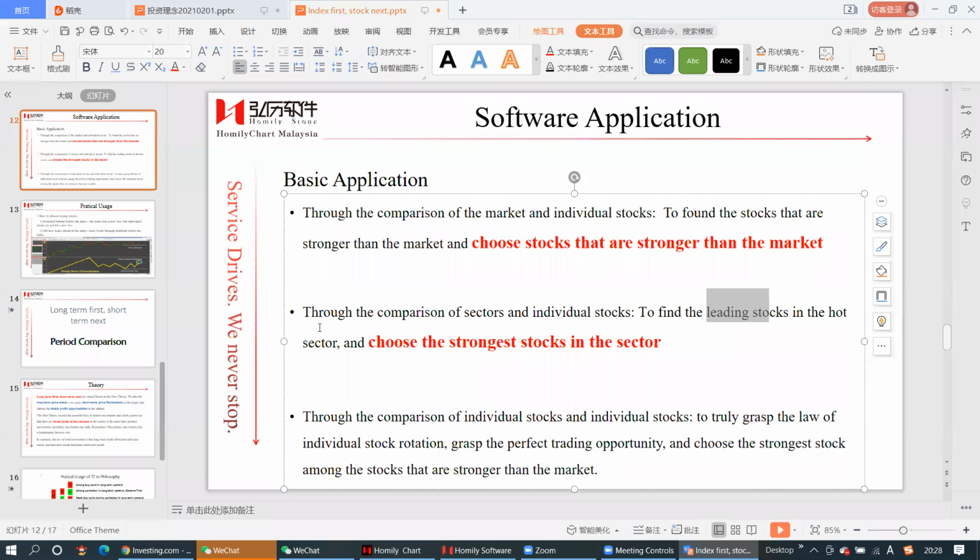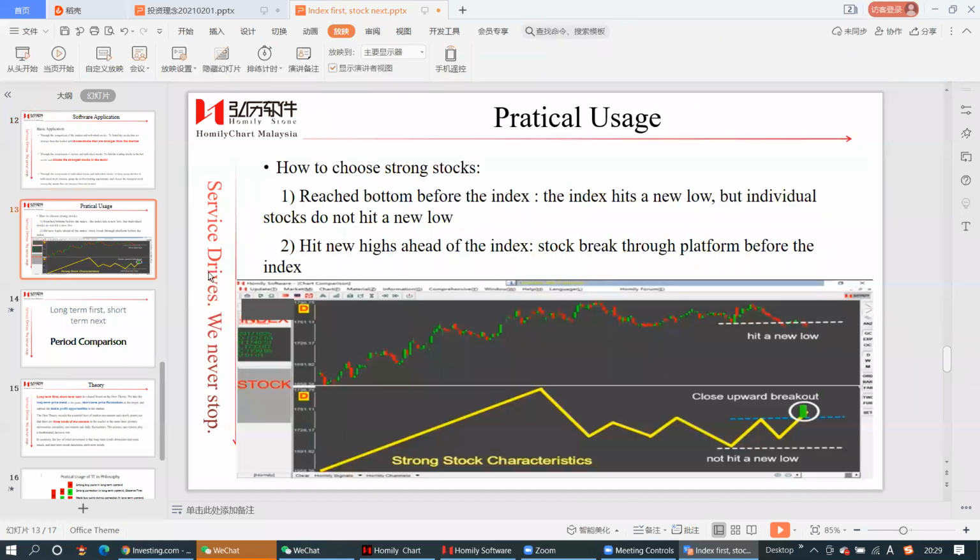Through the comparison of individual stocks, we can try to find the law of stock rotation, grab the perfect trading opportunity, and choose the strongest stock among the stocks that are stronger than the market. How do we study it, how do we determine it?